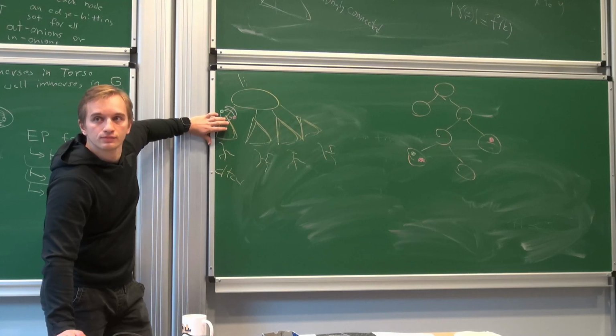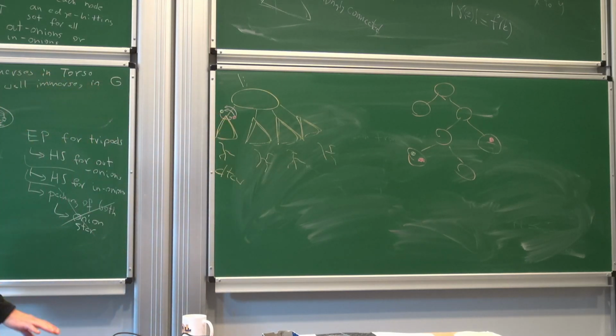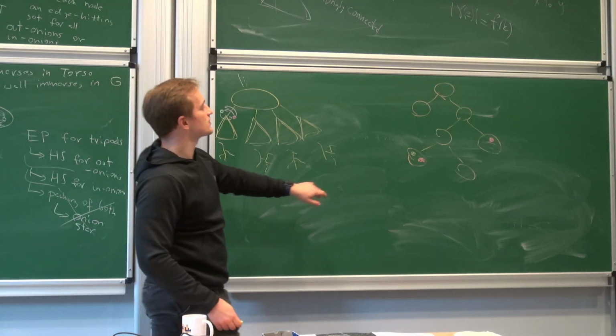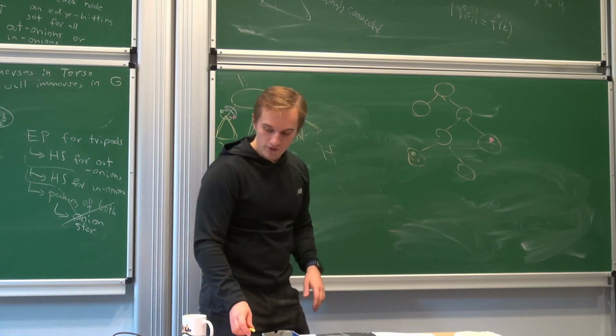But this is all in the context of some tree. Yes, this is all along a rooted tree. Okay, so you have such a decomposition for each digraph. And the picture on the right is the directed tree cut width decomposition of the torso.